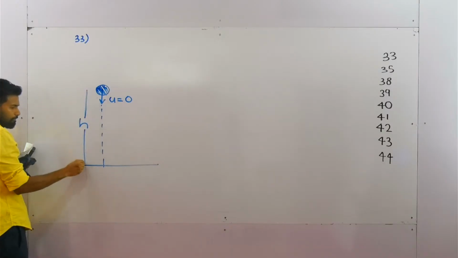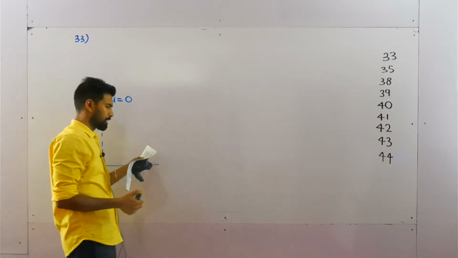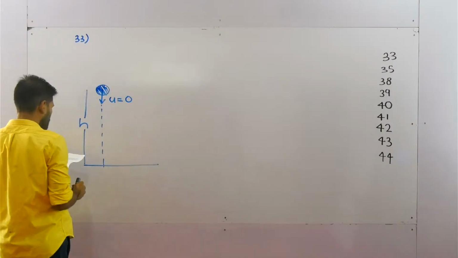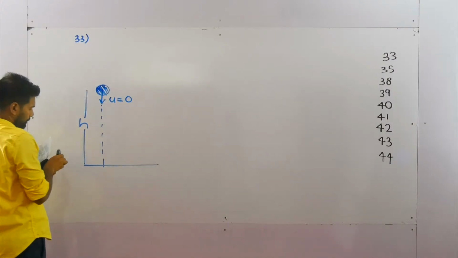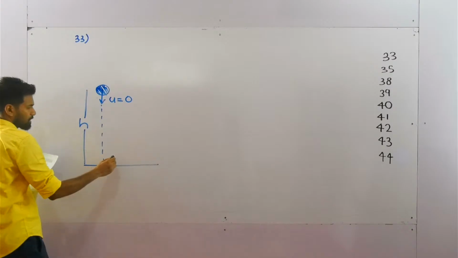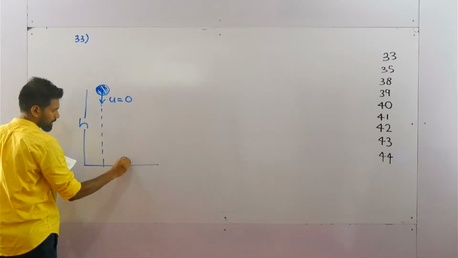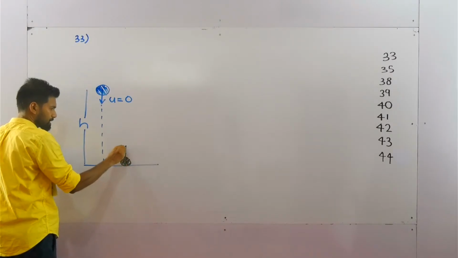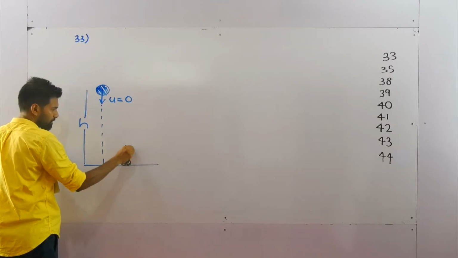And again, there's another stone. Another stone is thrown up from the ground, which reaches a height 4h. Let's say the velocity is u dash. It has an initial velocity.